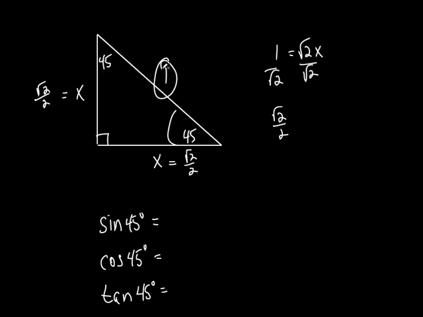Opposite over hypotenuse. So what's the opposite side? The square root of 2 over 2, over 1. What's the square root of 2 over 2 over 1? It's just the square root of 2 over 2, because dividing by 1 doesn't change the value. Is anybody still listening to me?